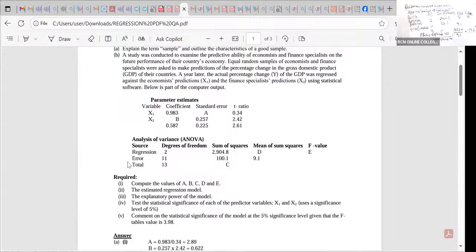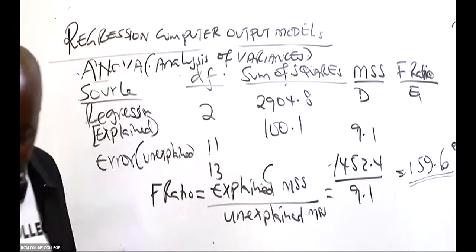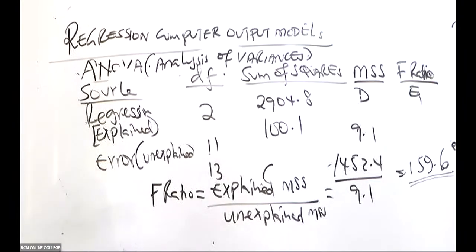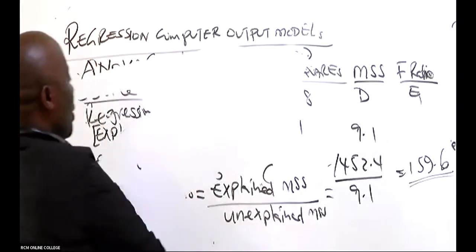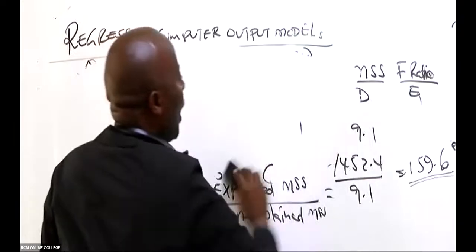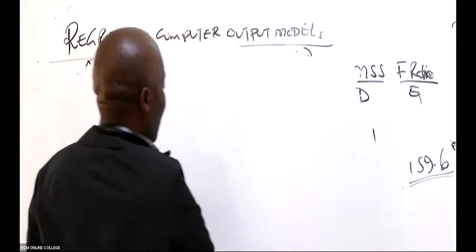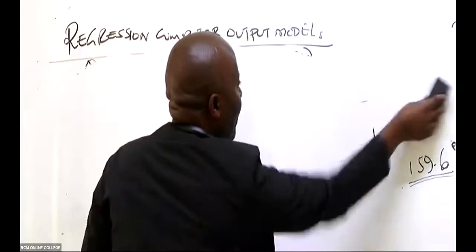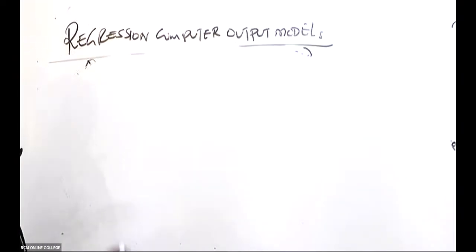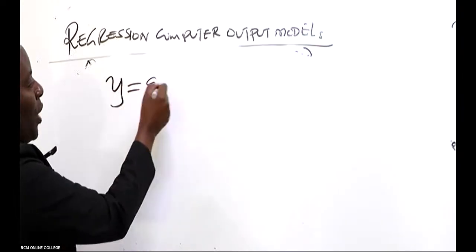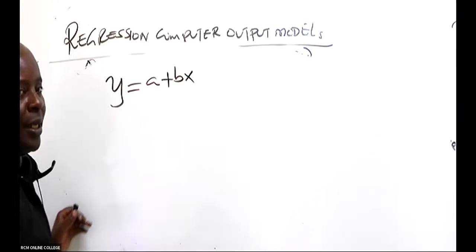Now remember that here we have how many predictor variables? Two of them. Whenever you are writing a general regression equation, this is normally how you write it: y equals a plus bx.